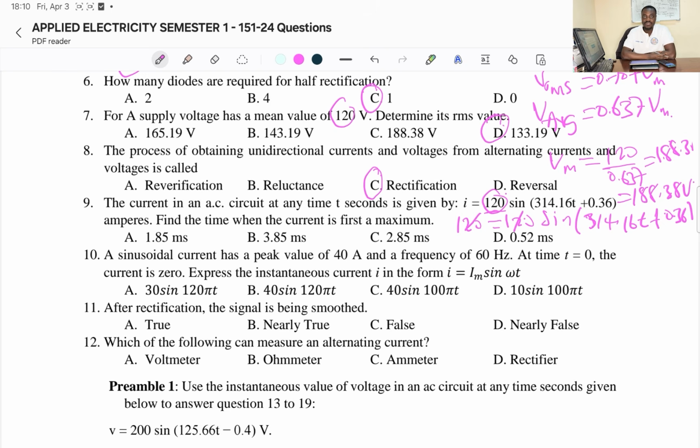So if you take sine inverse of 1 and your calculator is in degrees, you get 90 degrees. But you have to convert this to radians. If you get 90, you convert it to radians, you get pi over 2. But if your calculator is already in radians and you take sine inverse of 1, you just get pi over 2 straightforward.